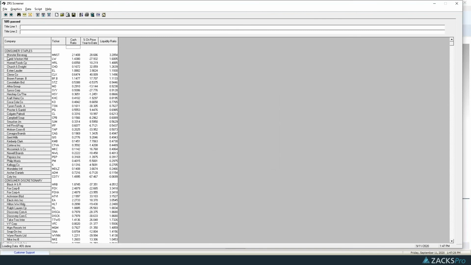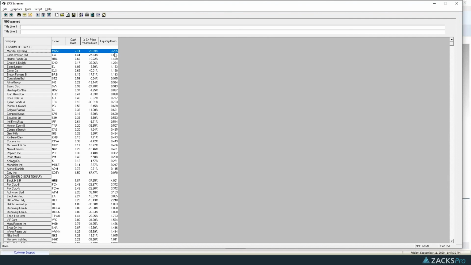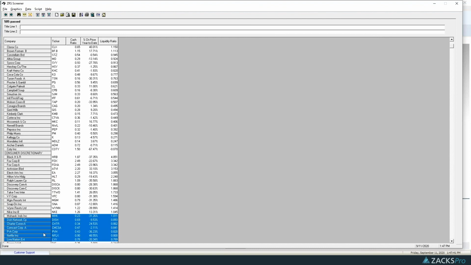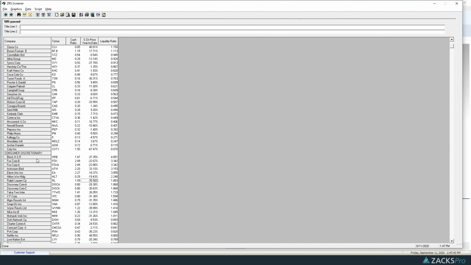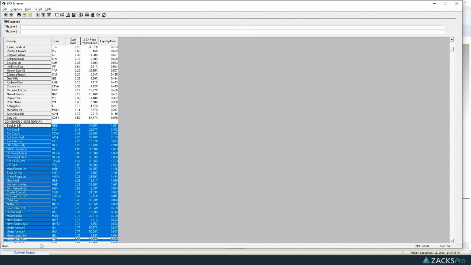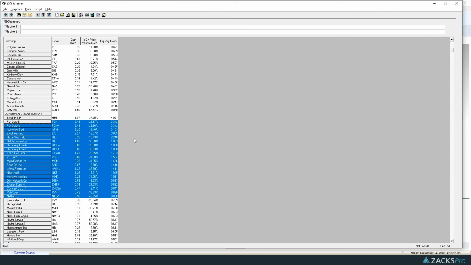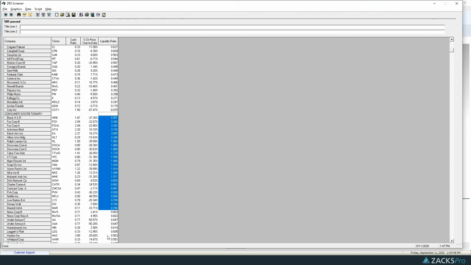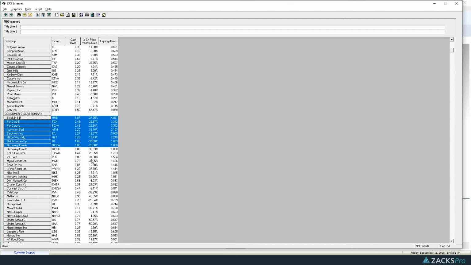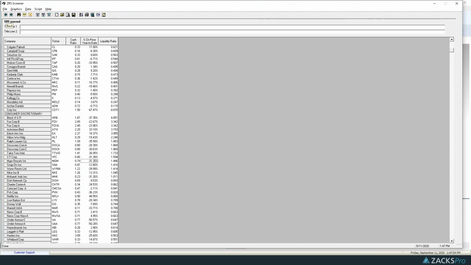Now you can see within consumer staples, Monster Beverage actually had the best liquidity ratio, and this company Cody had actually the worst one. Archer Daniels had the second worst. So you can see the spectrum, the dichotomy of different companies by sector by their liquidity ratio. So again, if you want to build this, I'd be happy to take this offline and we can work on that.